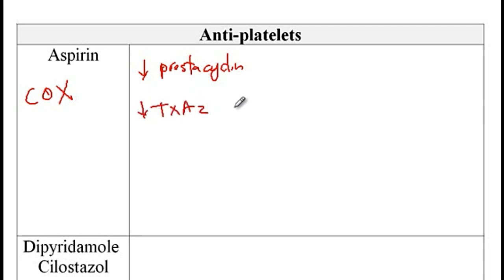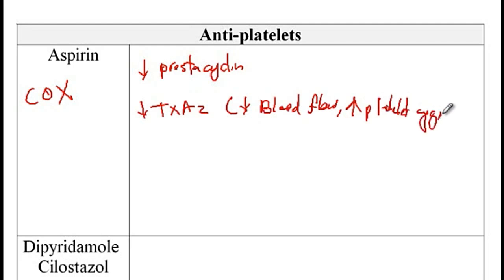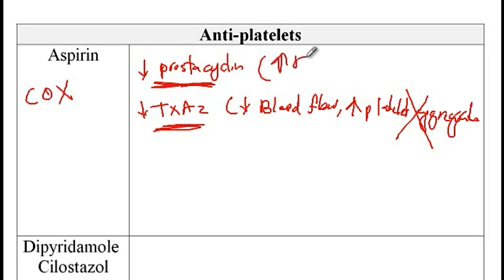So thromboxane A2 will decrease blood flow while increasing platelet aggregation. So once you inhibit that, there is decreased platelet aggregation. But prostacyclin, on the other hand, has reverse effects. It increases blood flow while it decreases platelet aggregation.